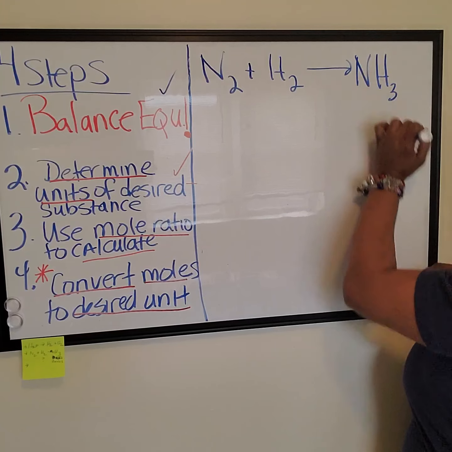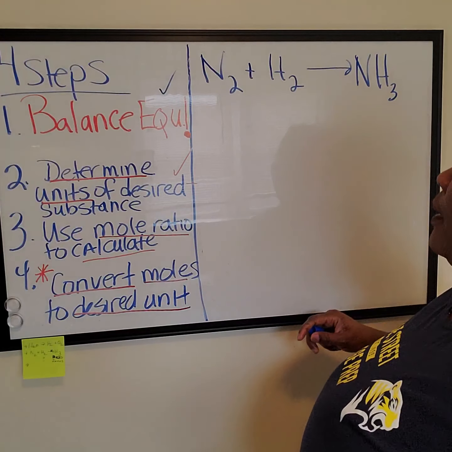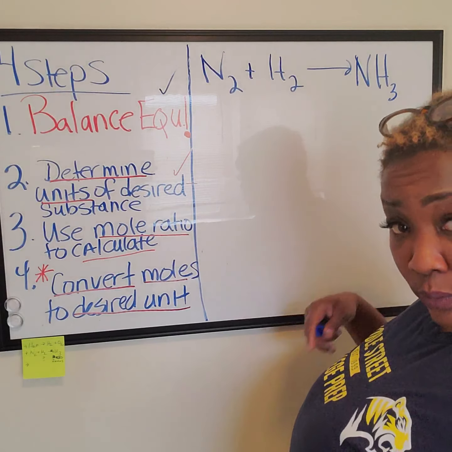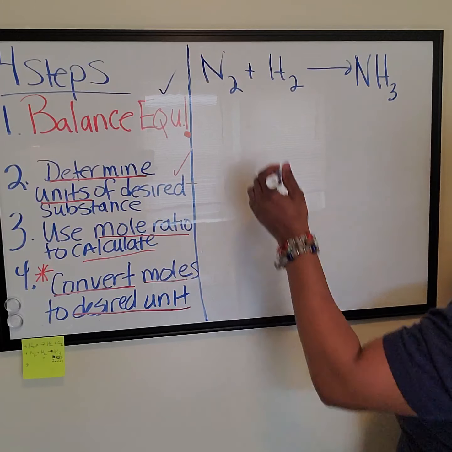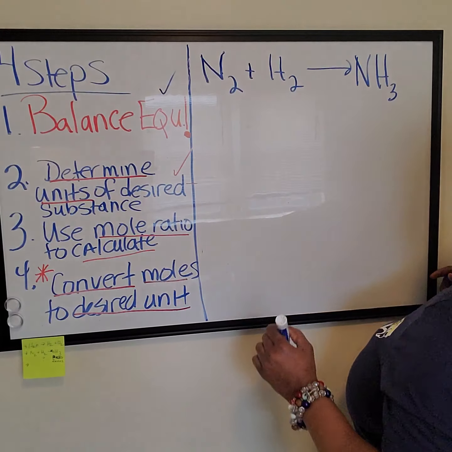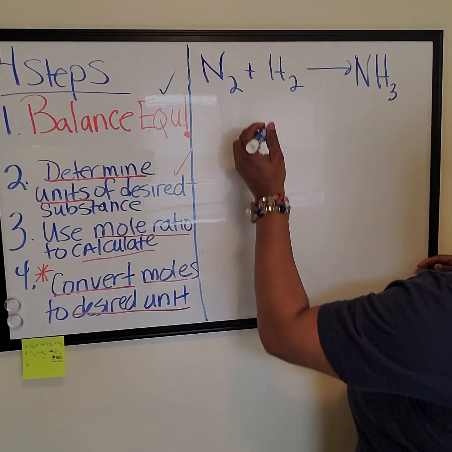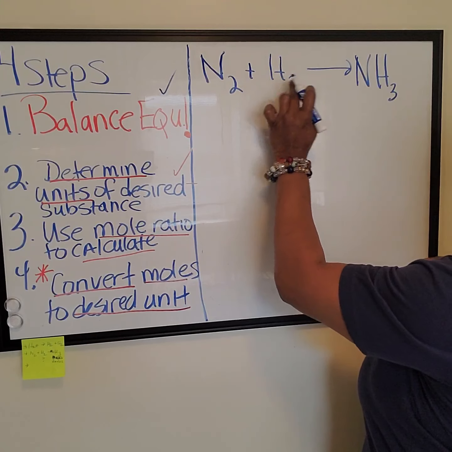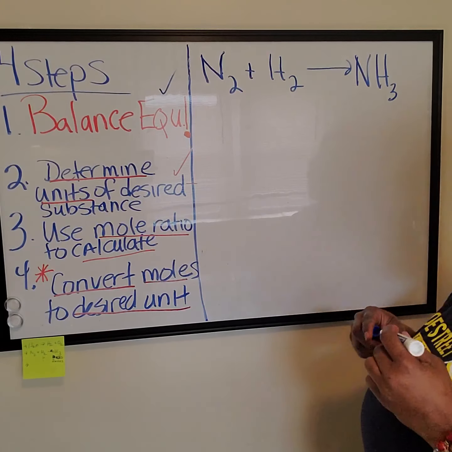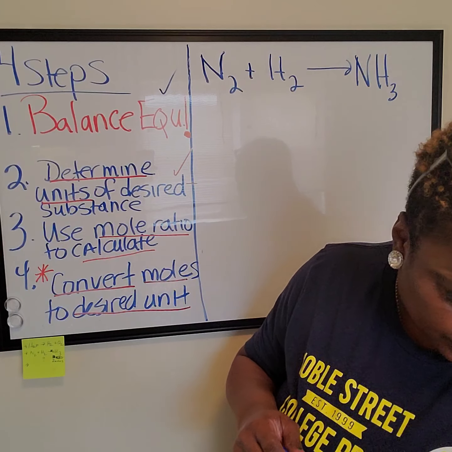This is one of the most common agricultural chemical reactions where we grow fertilizer for plants, okay? So if N2 and H2 yield NH3, I want you to then solve this problem.